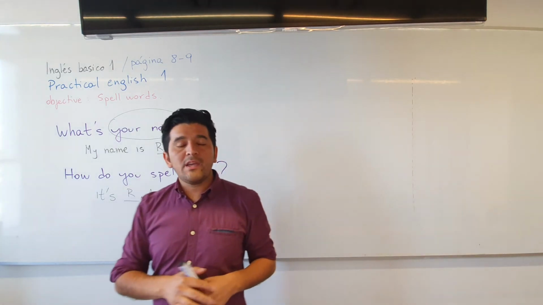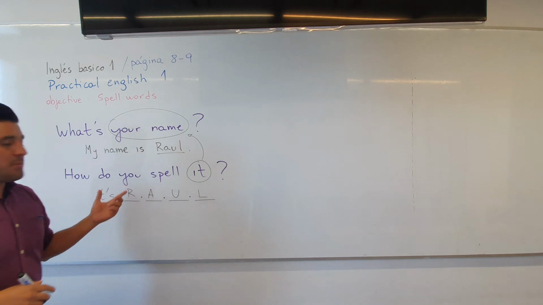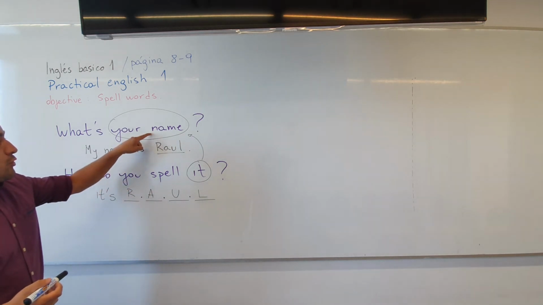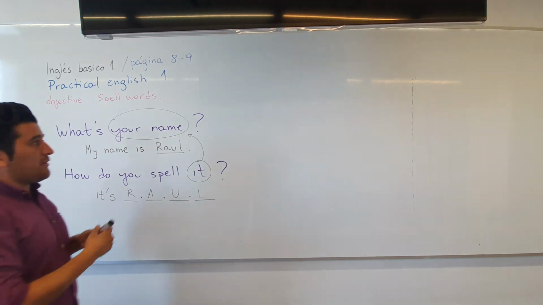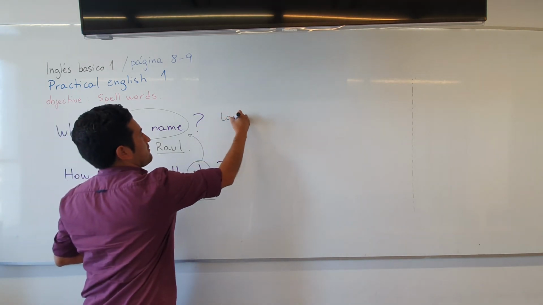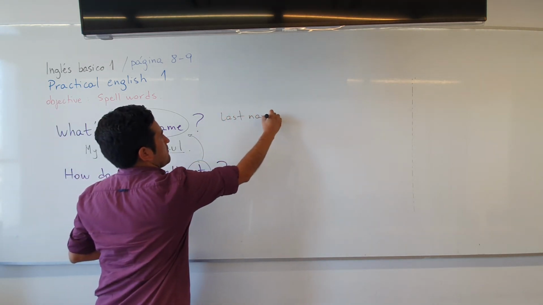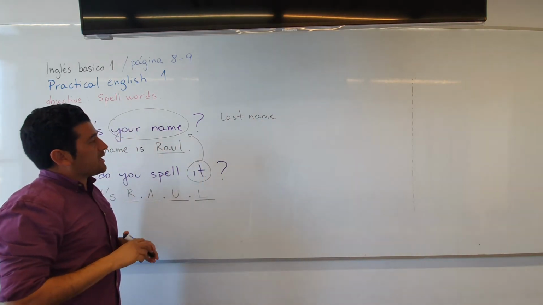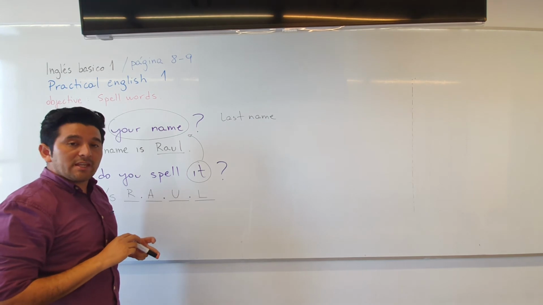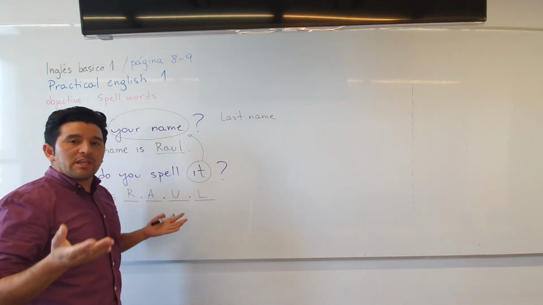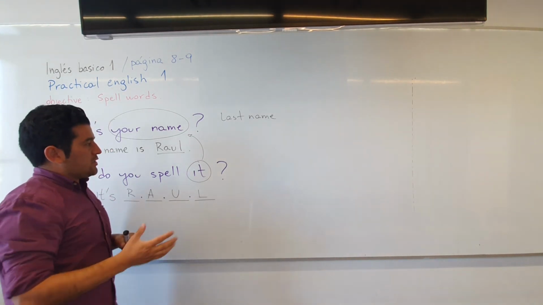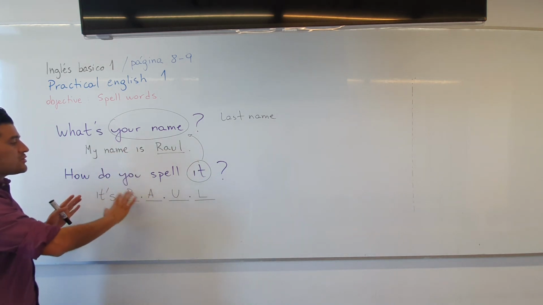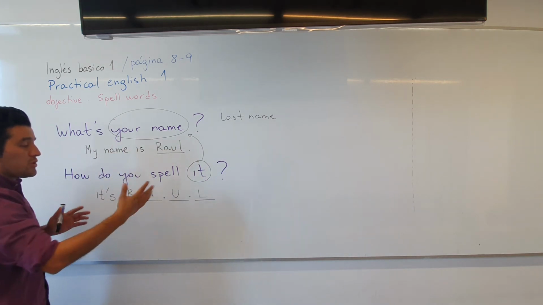So this is the way in which we use spelling for sometimes difficult words. Can be for your name, can also be for your last name, apellido. Yeah, so depends on that. Depends why you need that or what is the word that you need to spell. Okay, so here we can see how to use them and when it is useful to spell some words.